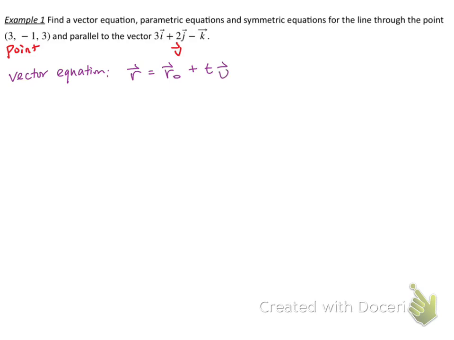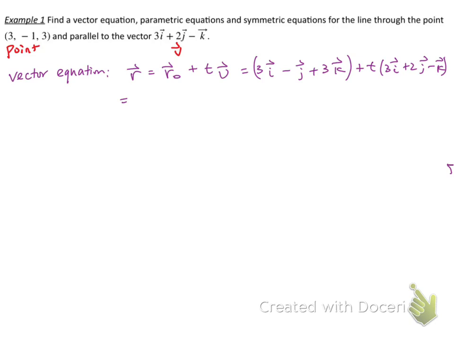Since we are using vectors, we are going to use i, j, k. r0 is (3i - j + 3k), in parentheses, plus t times v, where v is 3i + 2j - k. Then I just work it out. Look at each coordinate.